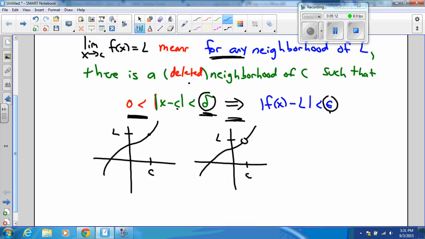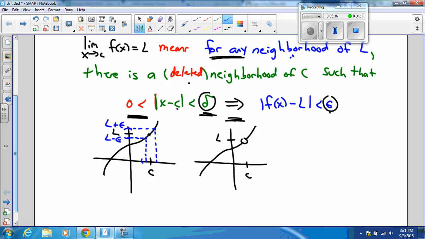And the process is now a two-step process. First, pick a neighborhood around L. There it is. And it has a radius of epsilon. And now from that neighborhood around L, let's see if we can find a neighborhood around C. It looks like we can.